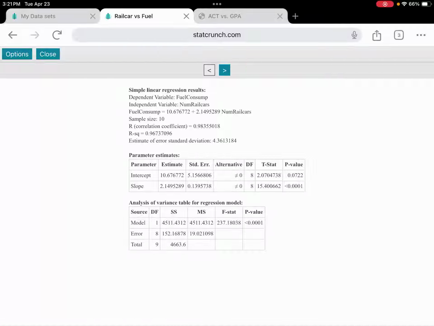That value is the square root of that value. So all these values up here are actually written right here as well. Notice, sample size is 10. It says total degrees of freedom is 9. Remember, degrees of freedom is n minus 1. That was one of the things we learned when we first started doing means. 10 minus 1 is 9.